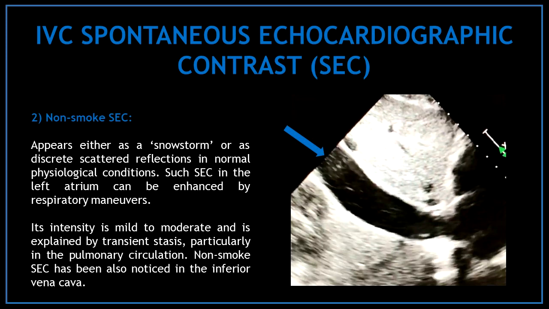Its intensity is mild to moderate and is explained by transient stasis, particularly in the pulmonary circulation. Non-smoke spontaneous echocardiographic contrast has also been noticed in the inferior vena cava.